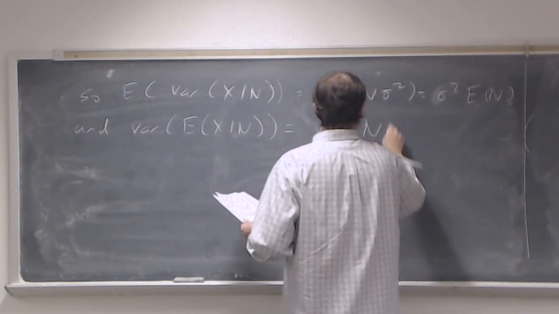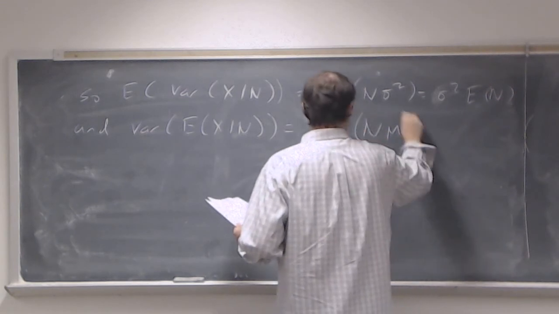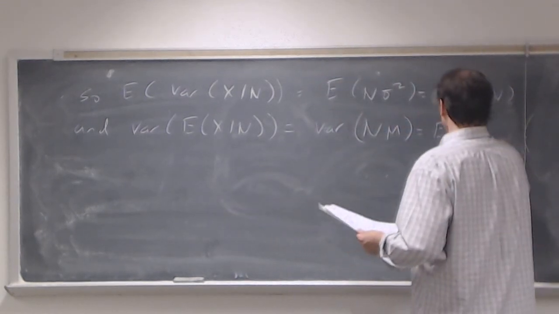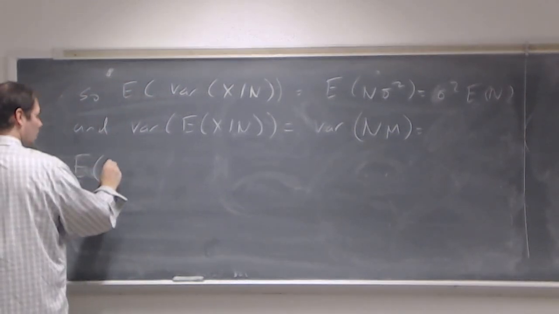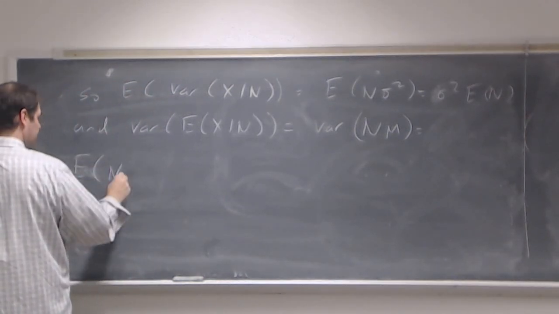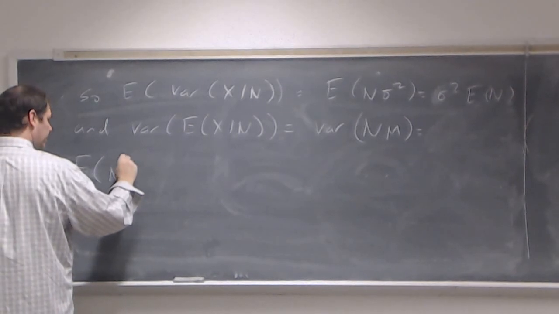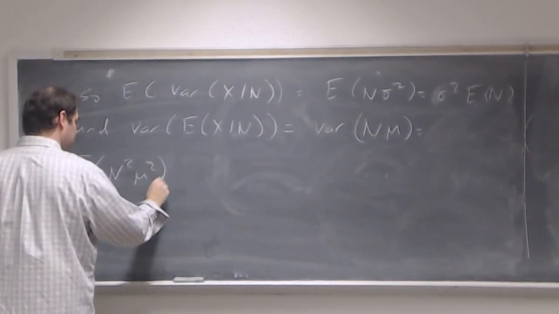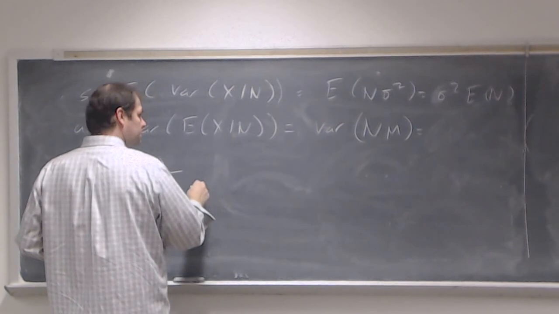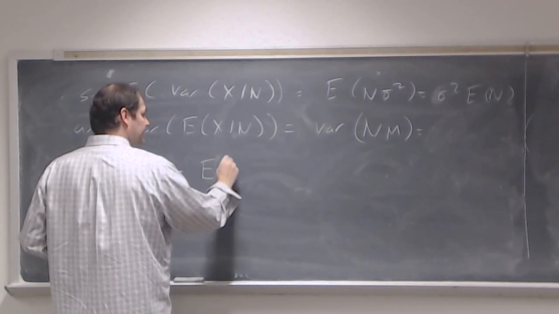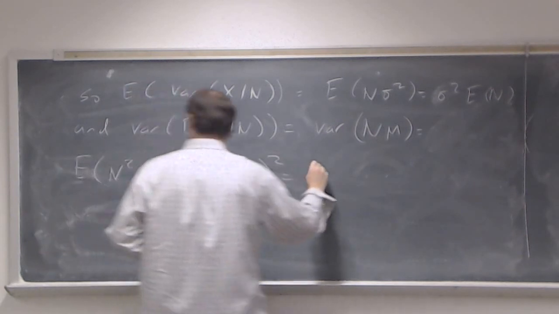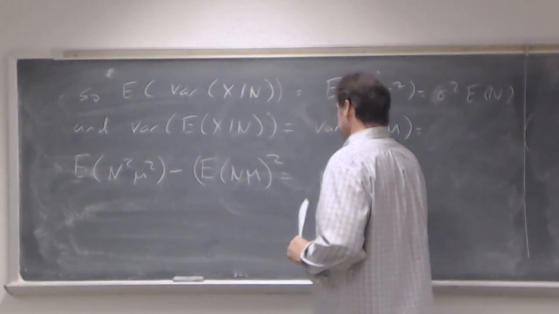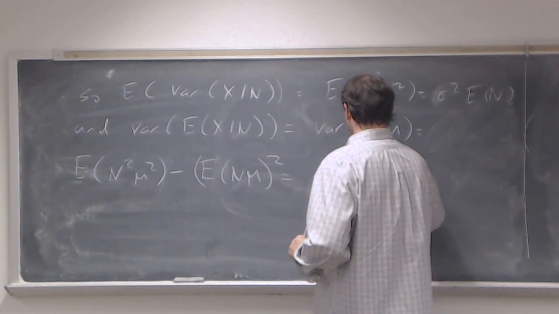that's the variance of N times mu, which equals the expected value of N squared times mu squared minus the expected value of N mu, all squared, which equals mu squared times the expected value of N squared.